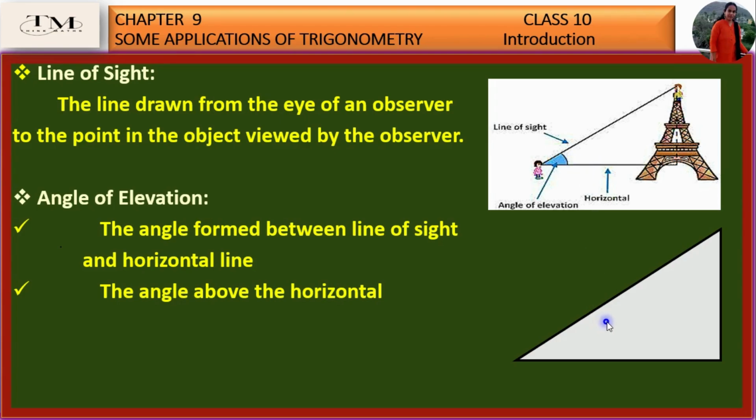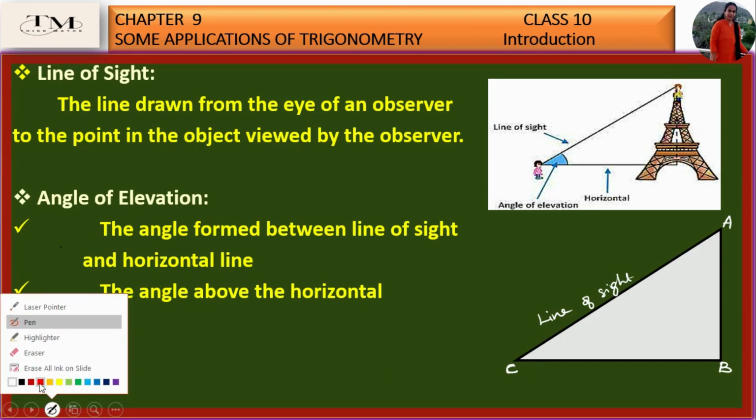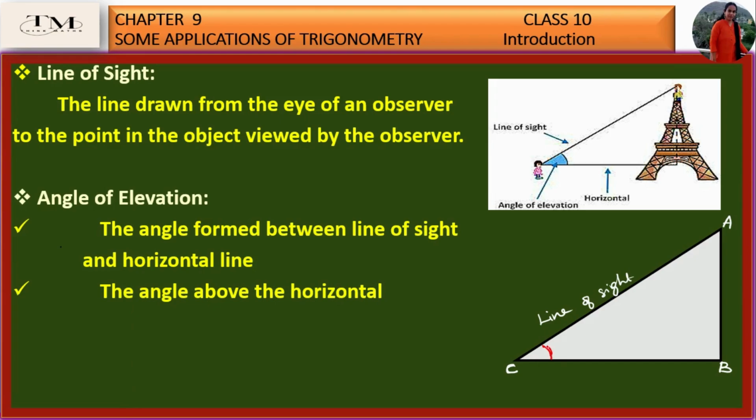If we form the triangle, we will get a right angle triangle. Let us note the points. Here AB is the tower and C is the point on the ground from where the girl looks. So AC is called the line of sight, and angle ACB is the angle of elevation.